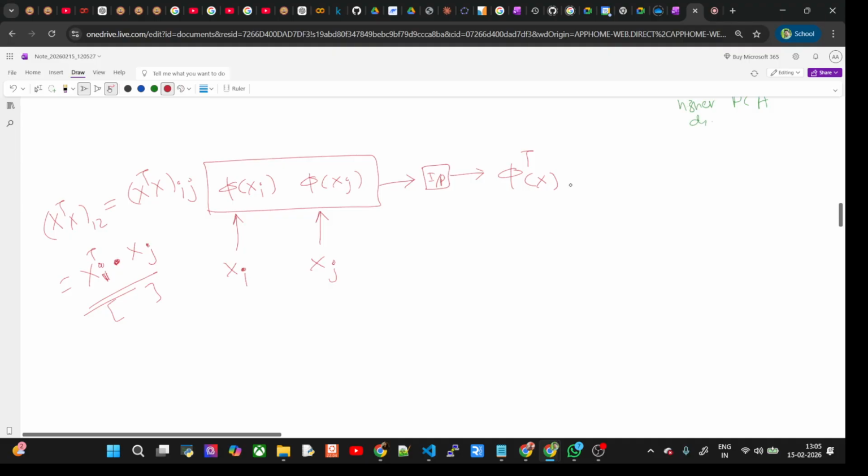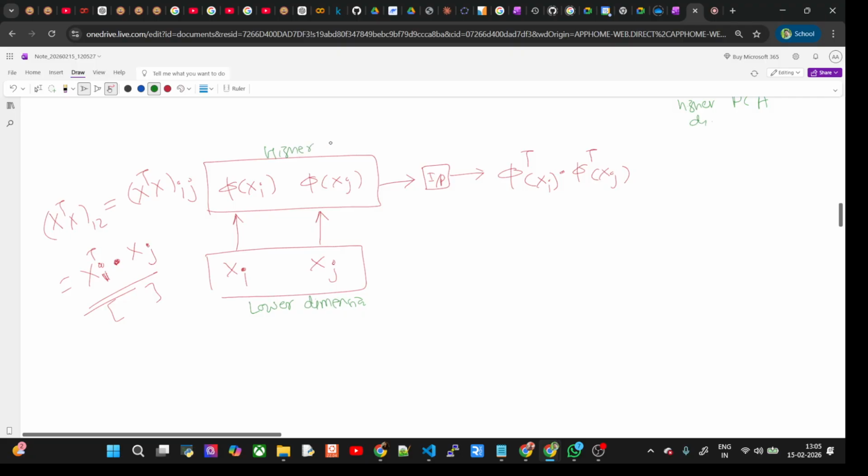So what you are doing is xi into phi of phi transpose xj, and you now understand you have to go from this lower dimension to the higher dimension.